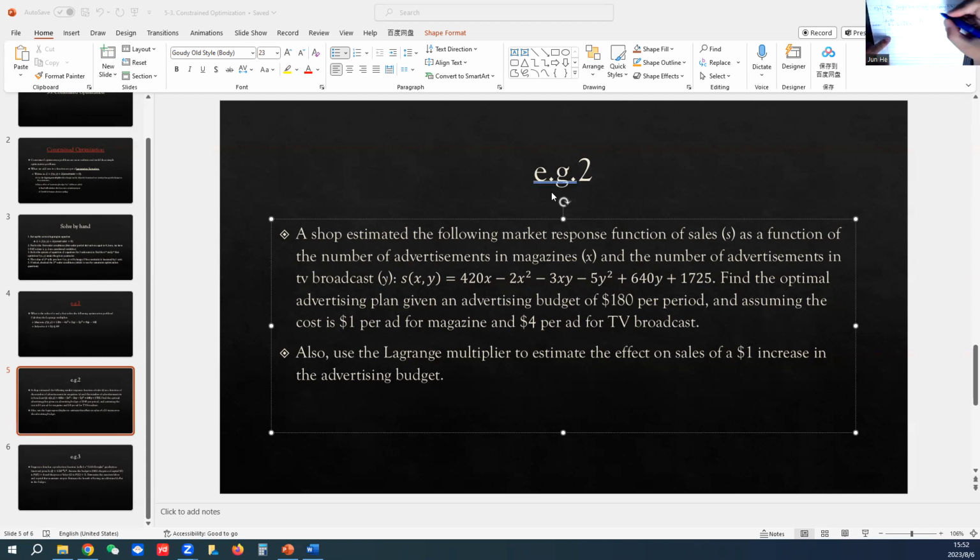So the constraint more accurately should be written as 180 just equal to, we're using the entire budget, 1 times X plus 4 times Y. So here we have this constraint, and we are going to write this into constraint equal to 0 form for later construction of the Lagrangian equation, which is 180 minus X minus 4Y. So this is the constraint that your maximization problem is subject to, and here we give it a name, the budget constraint.